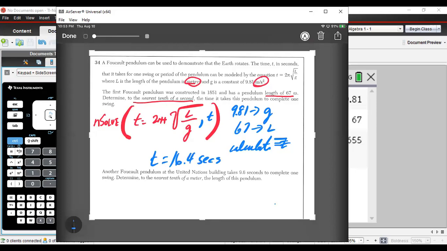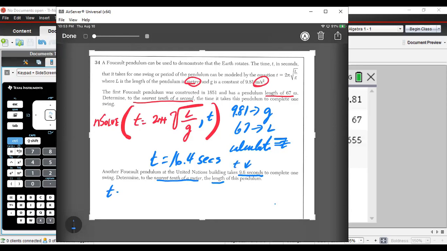Now, the second part of this says another Foucault pendulum at the United Nations building takes 9.6 seconds to complete one swing. Determine to the nearest tenth of a meter the length of the pendulum. So we're going to use the same formula, but now they've told us the amount of time it takes, so we know what T is.